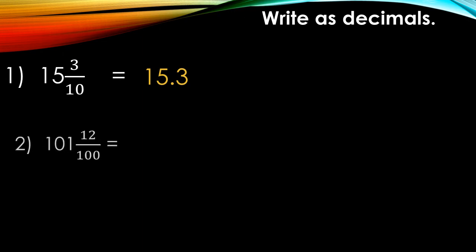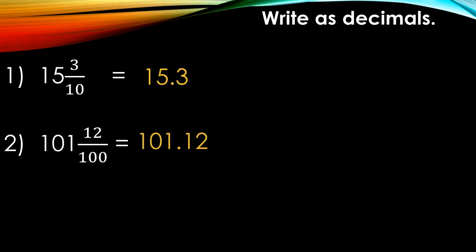Question number 2. 101, 12 upon 100. See, in this question, 101 is a whole number. So write 101 as it is. In 12 upon 100, how many zeros in the denominator? Yes, 2. So in the numerator, count 2 digits from the right and put the decimal. So the answer is 101.12.